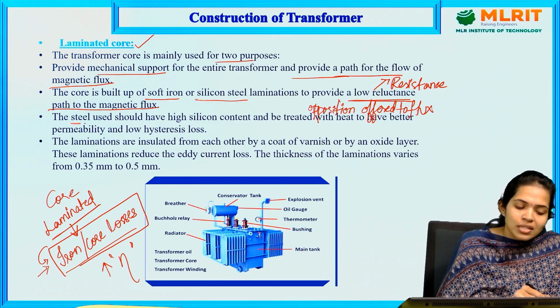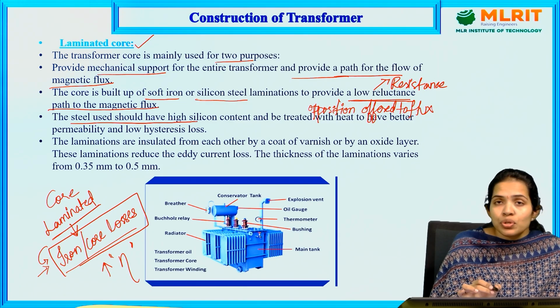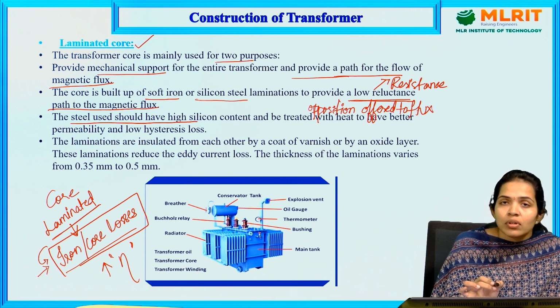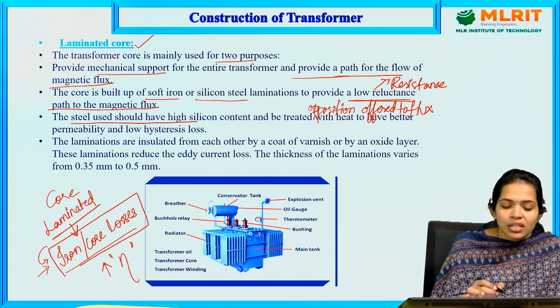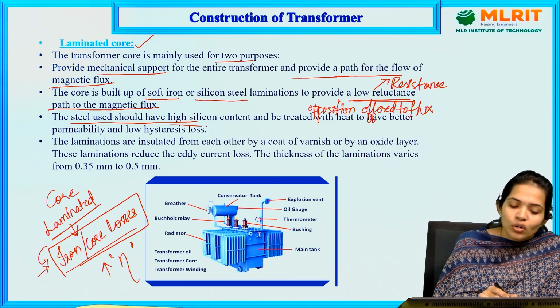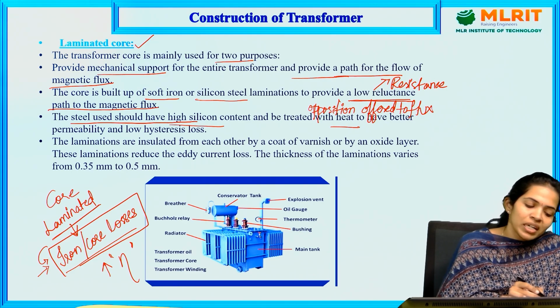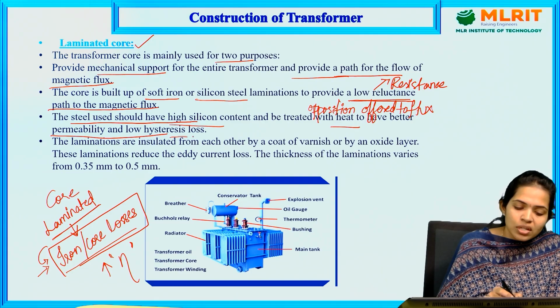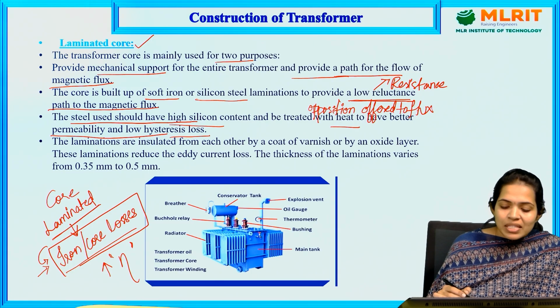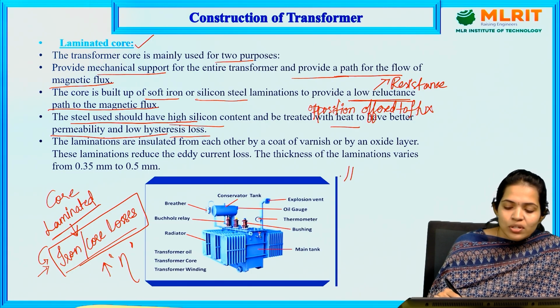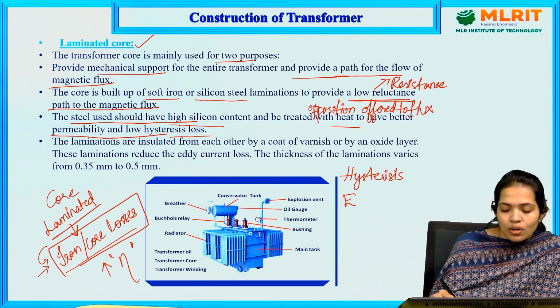The steel or material used for the laminations or the construction of the magnetic core is of high silicon content, and it has to be treated with heat to have better permeability and low hysteresis losses. Basically in the core we see two kinds of losses: one is hysteresis loss and the other is eddy current loss.